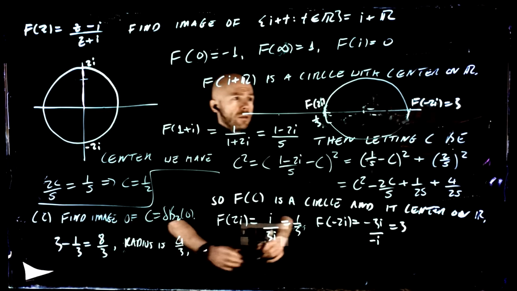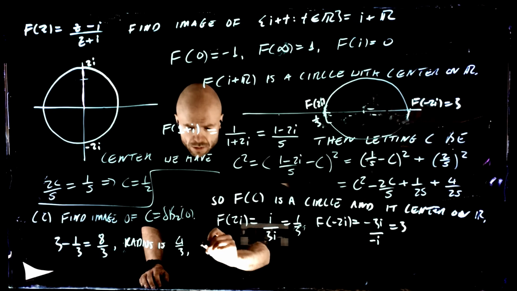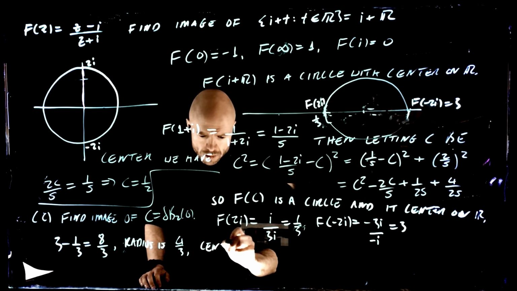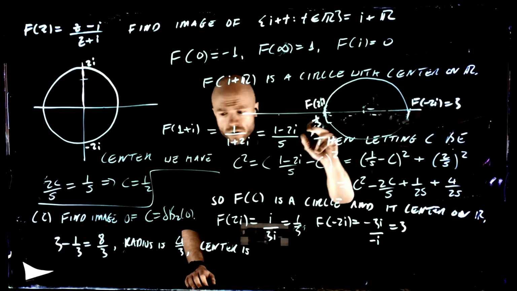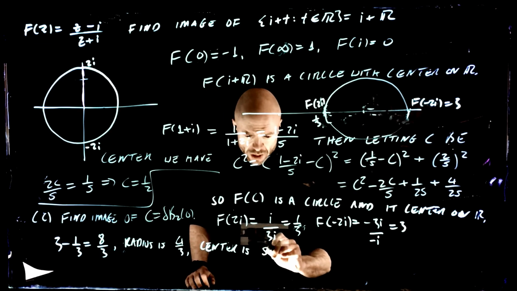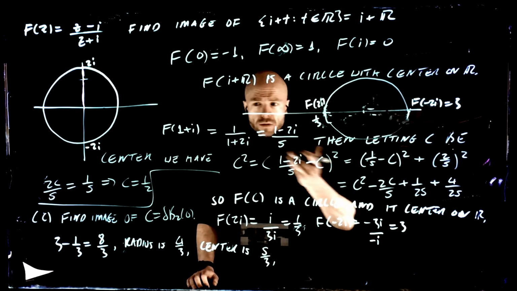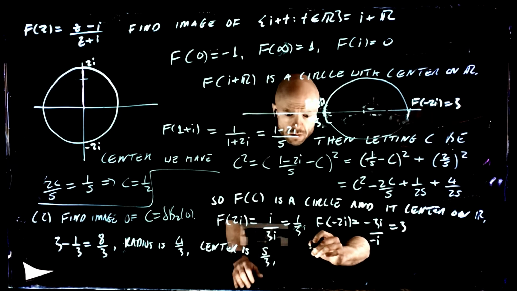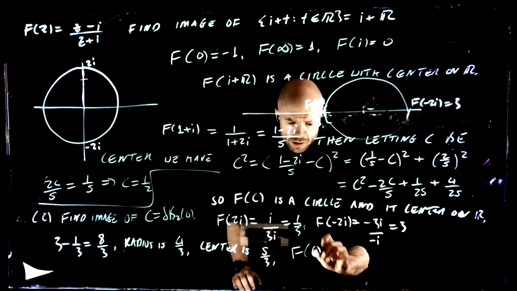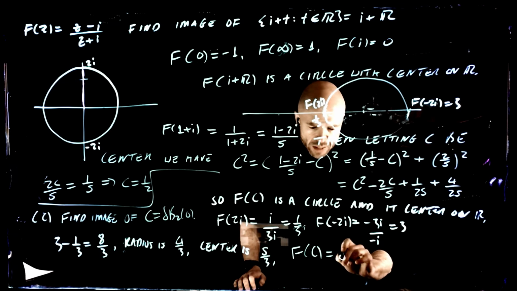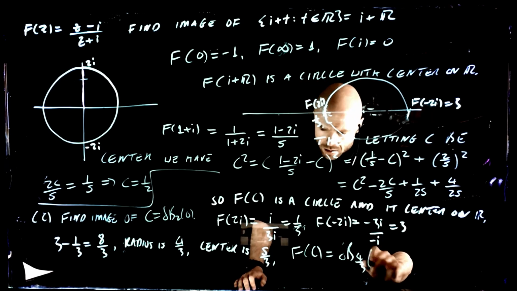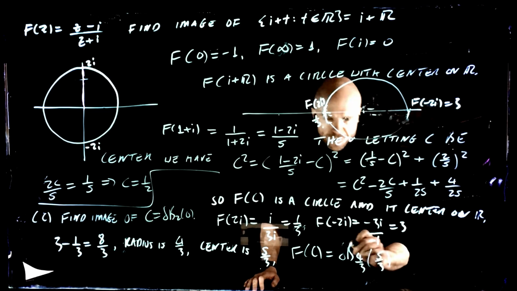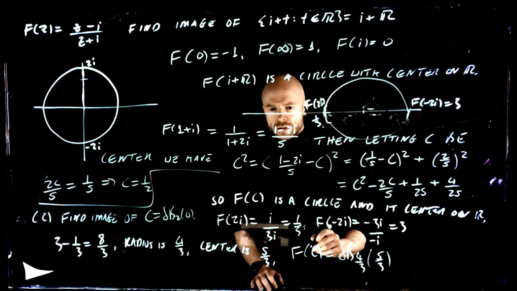So then the center is a third plus this thing, so it's going to be 5 over 3. So the image of this thing, f of c, is the boundary of the ball of radius 4 over 3 around 5 over 3, like this. Yeah?